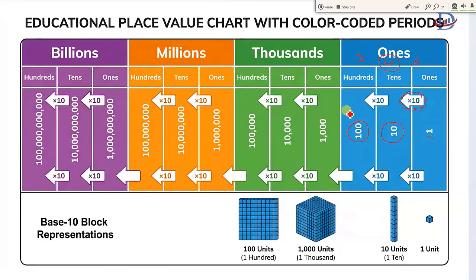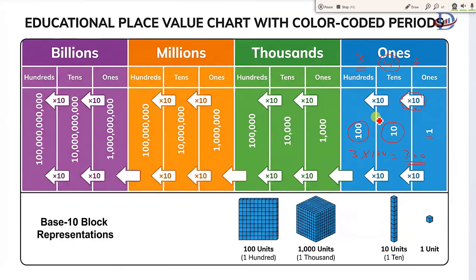Any digit in this place, if we want to get its value, for example 3, we take 3 times 100, which equals 300. That is what the concept of place value means. When we say 300, we refer to 300 units.